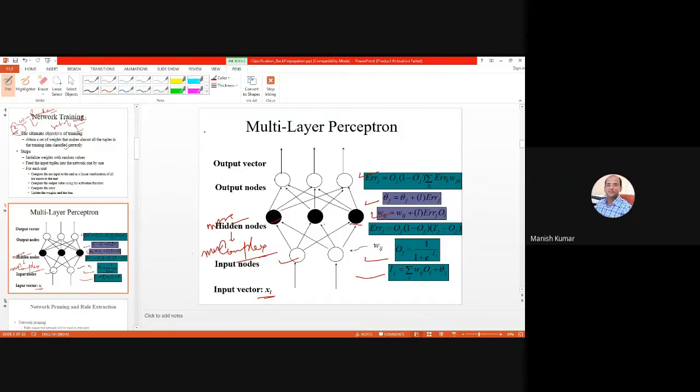Okay. What we'll do is solve the problems in tutorials so that you'll get the idea of how these formulas work, and how this multi-layer perceptron computes the class considering the input. Okay.